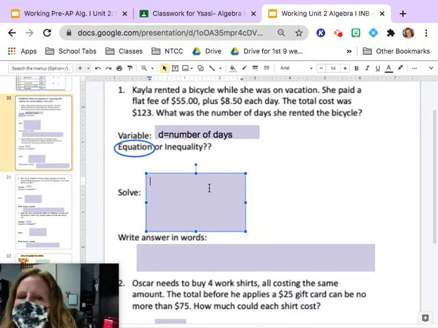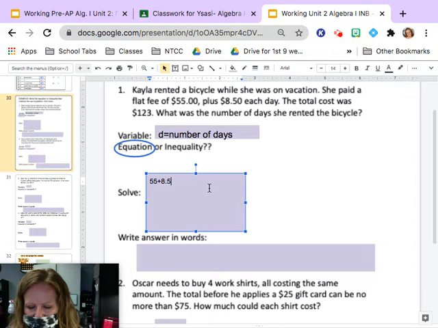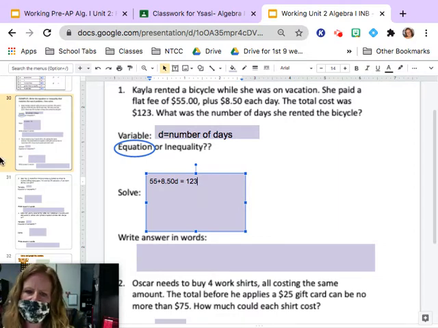So let's see, what would the equation be? Flat fee of $55 plus $8.50 each day. Total cost was $123. Plus $8.50D equals $123. Okay, so let's work it out on paper.